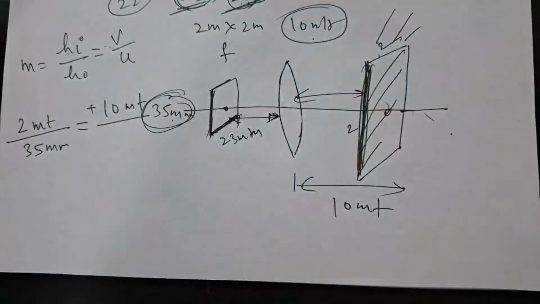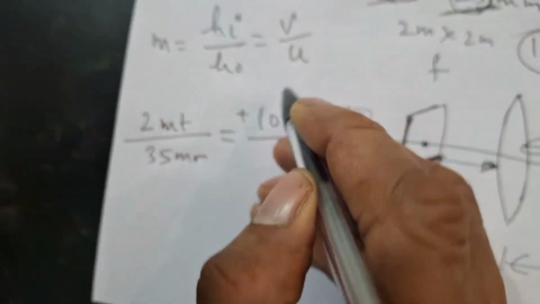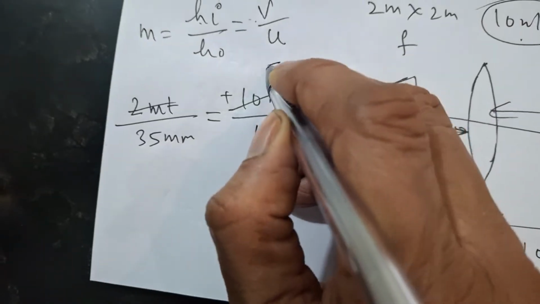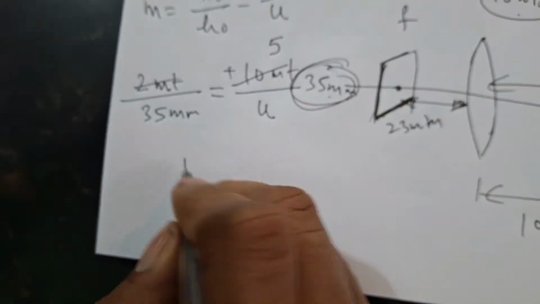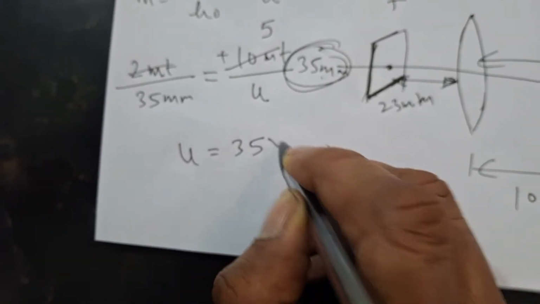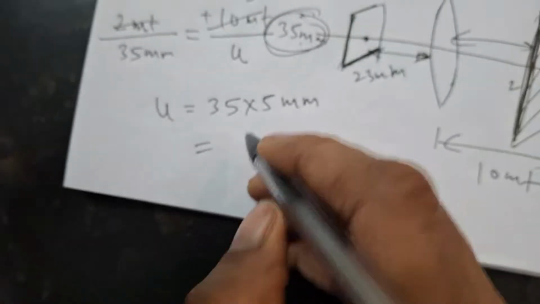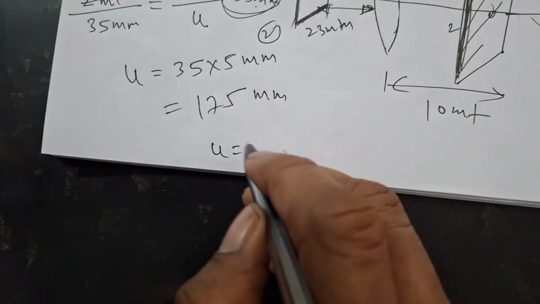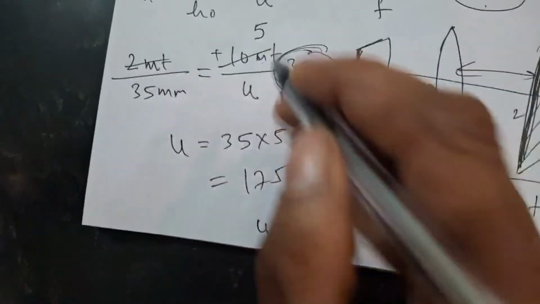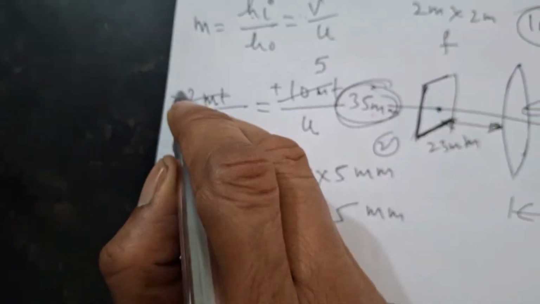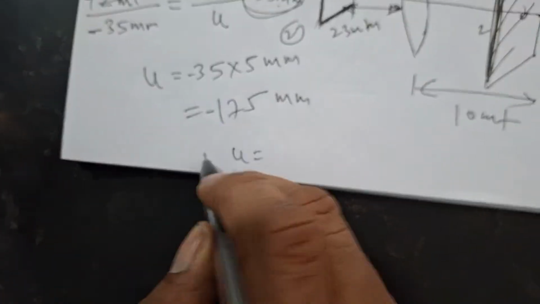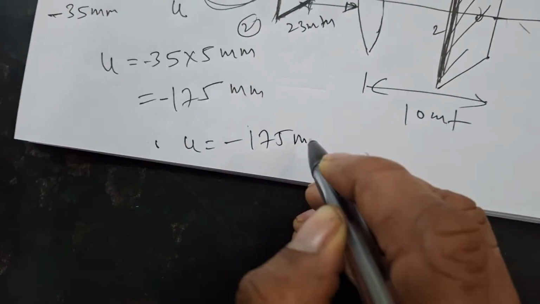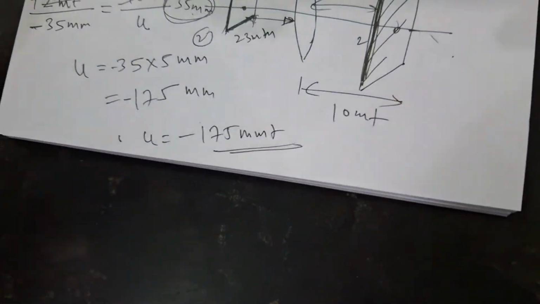Please solve for u from this equation. Meters get cut, and you get 35 into 5 millimeter. The object distance will be negative, so you will get minus 175 millimeter.